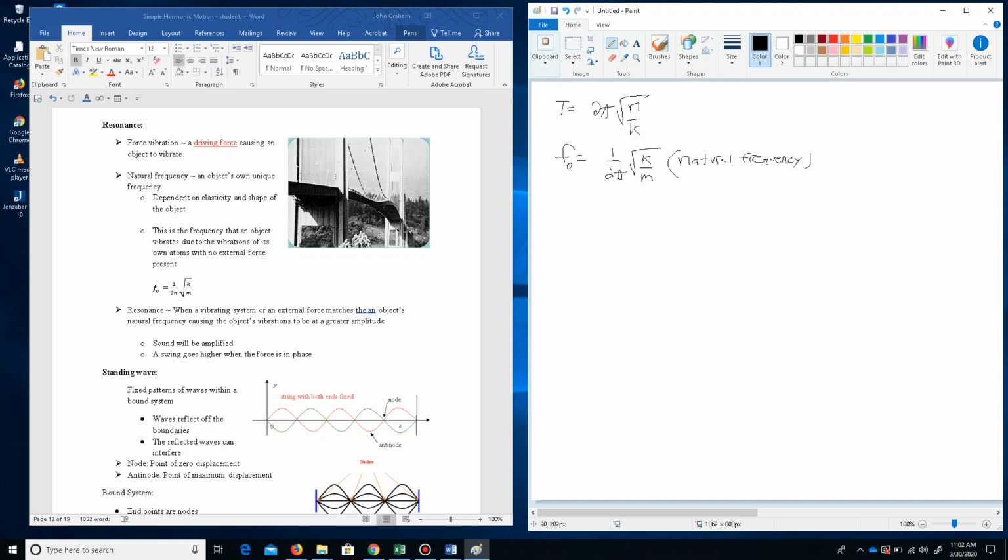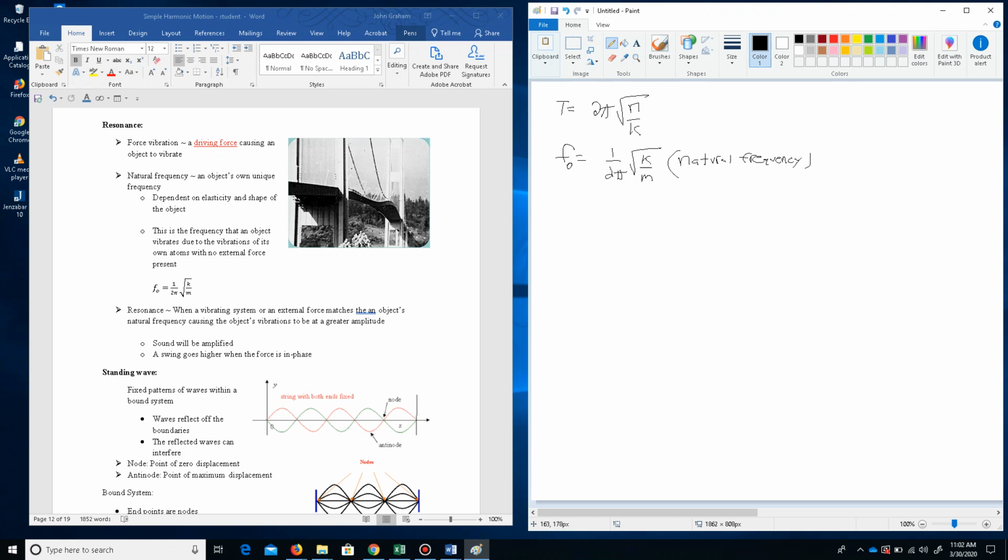And then if some object is forced to vibrate at that frequency or a multiple of that frequency, you end up getting what's called resonance. And so you get an increased amplitude of this wave.